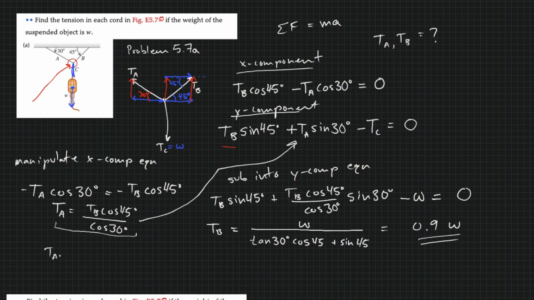Tension A equals, I'm plugging in 0.9 W for tension B, and cosine 45 is still there, cosine 30 is still there, and so all this equals 0.73 times W. And that's my value for tension A. So to answer this problem, tension C we said was equal to W, tension B is equal to 0.9 W, and tension A is 0.73 W.